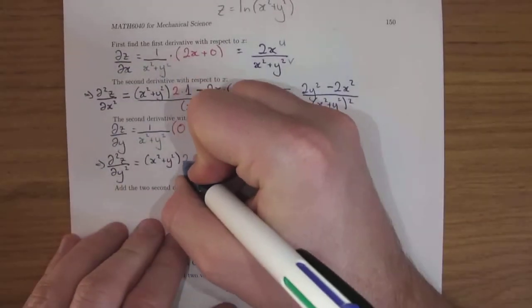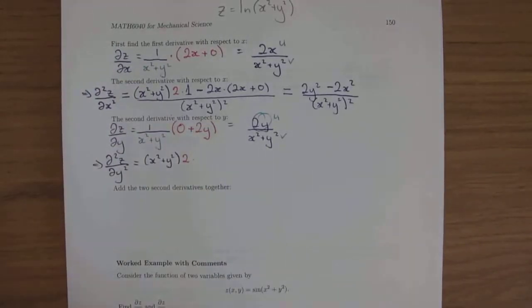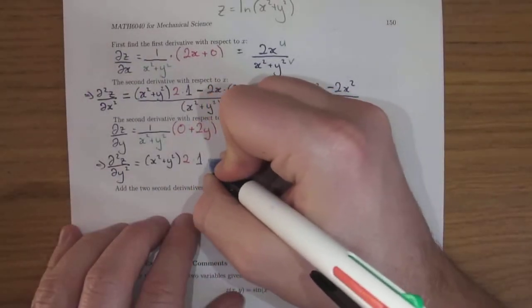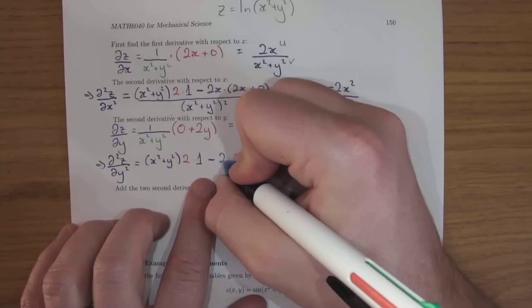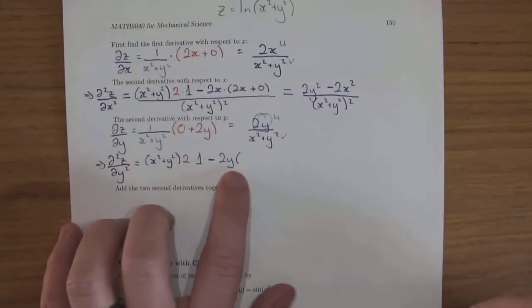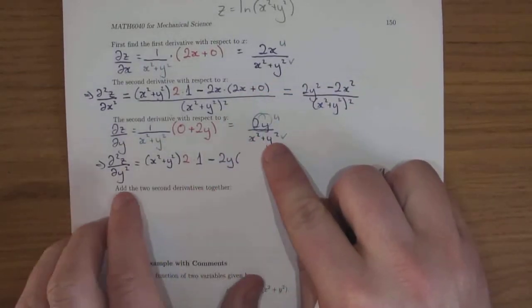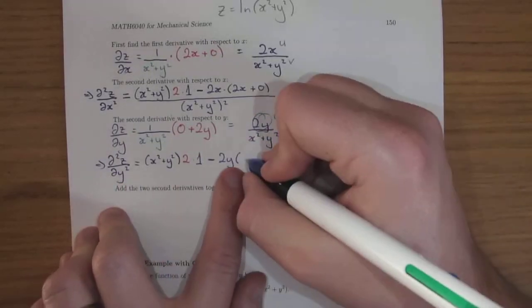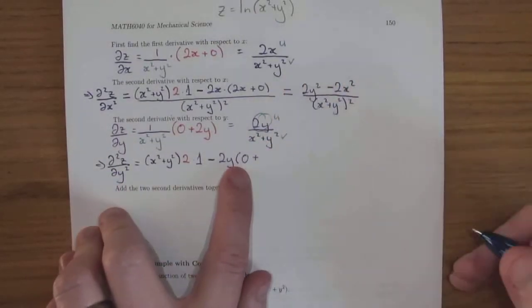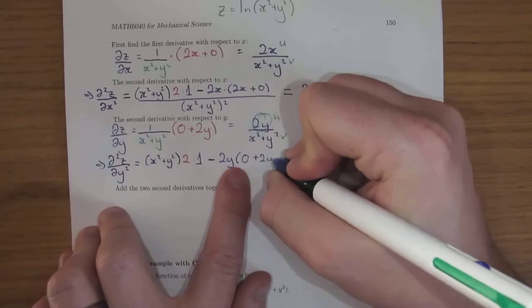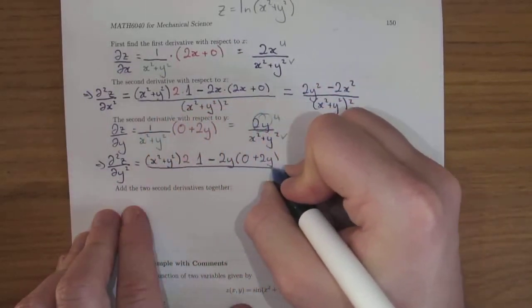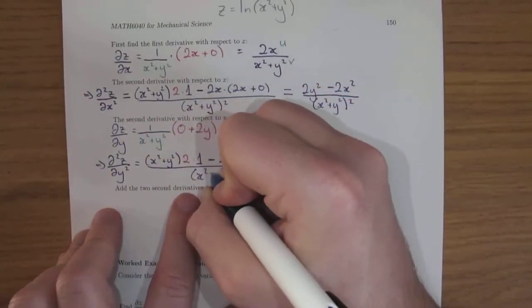I'm going to fix the constant 2, and the derivative of y with respect to y is 1, minus the top times the derivative of the bottom. The derivative of x squared plus y squared with respect to y: the derivative of x squared with respect to y is 0, plus the derivative of y squared with respect to y is 2y. All divided by, this is what the quotient rule says, the bottom squared.